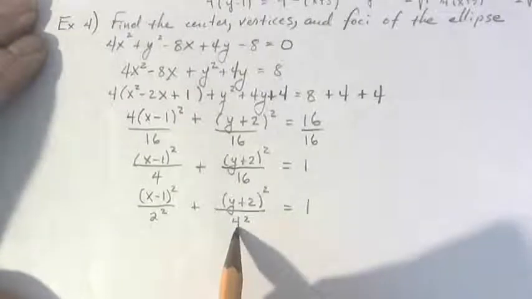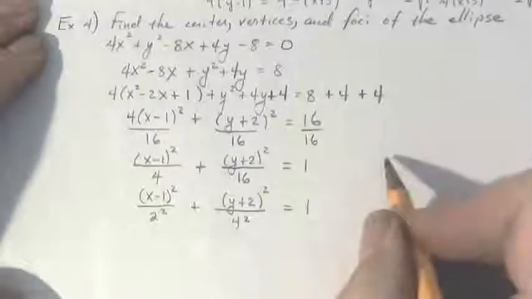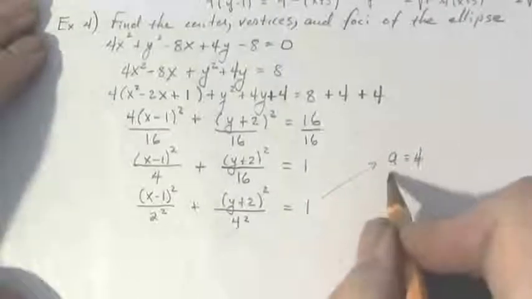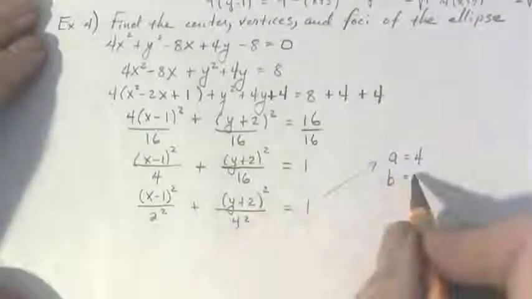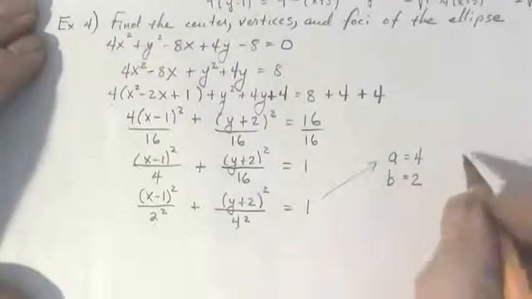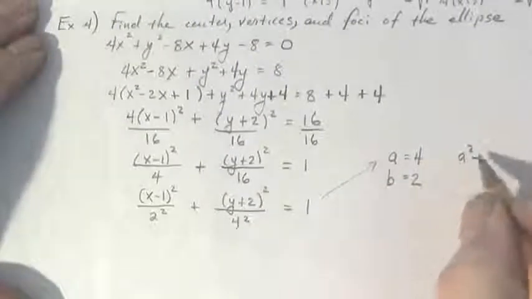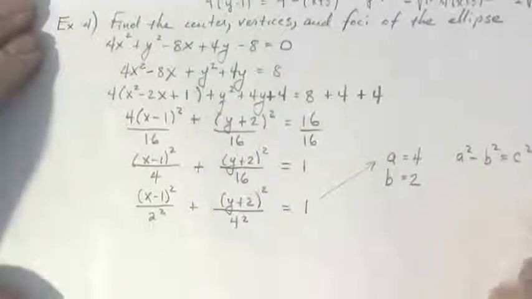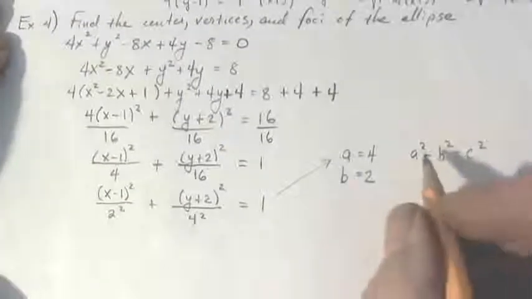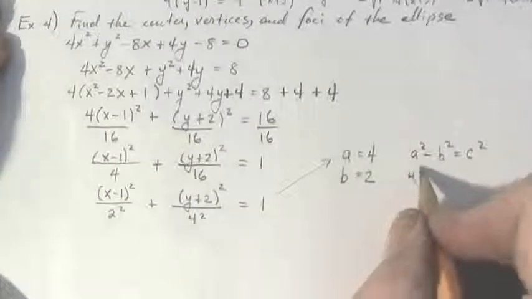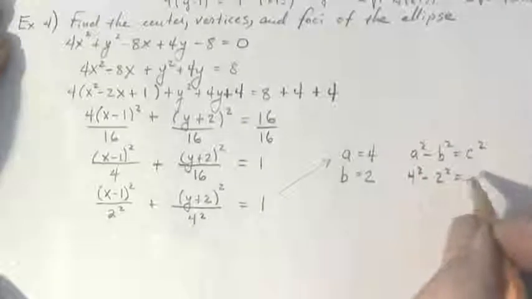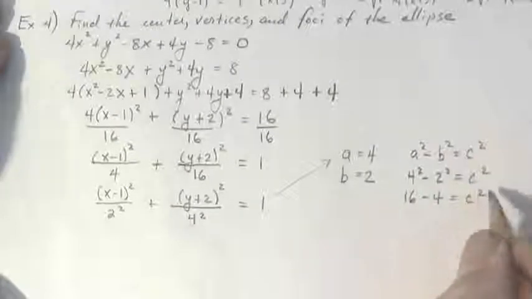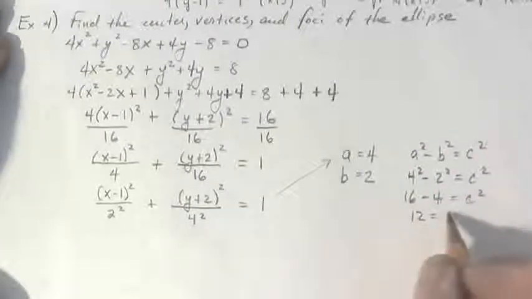The A is always the larger one, so we would say, going up here, that A is 4, B from here is 2, and then we would use A squared minus B squared equals C squared in order to find the C. So plugging these in, we have 4 squared minus 2 squared, so 16 minus 4, that would be 12.